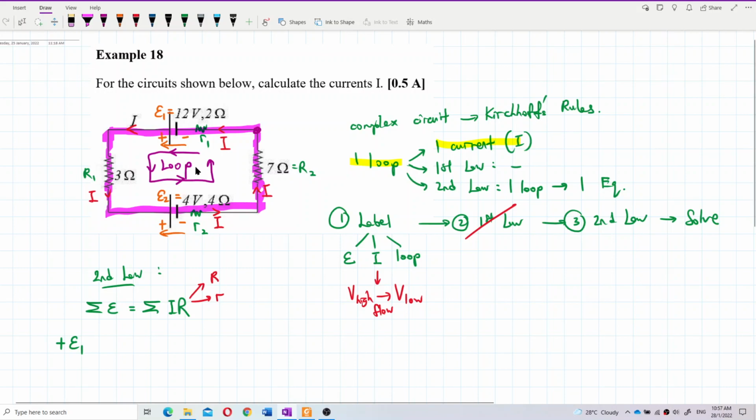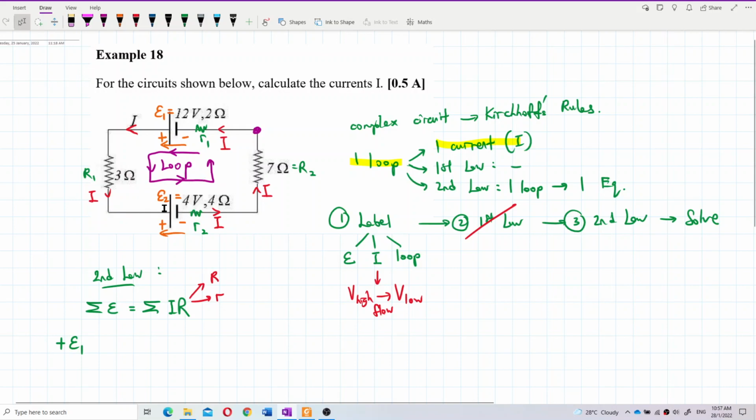Okay, so now look at E2. E2 direction is to the left, but the loop direction is going to the right. The loop is to the right, but EMF2 is to the left.